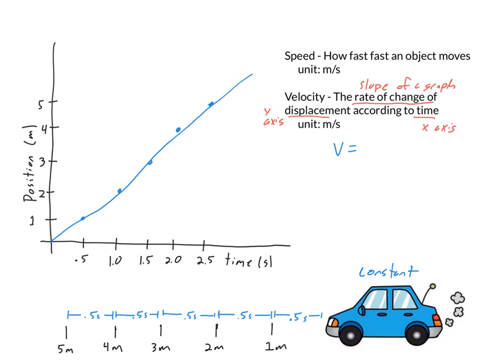It looks like the graph for constant velocity on a position time graph should be linear, should be going up in a straight line. Now, let's go back to our definition here. Velocity is the rate of change, aka the slope of a displacement time graph or a position time graph.